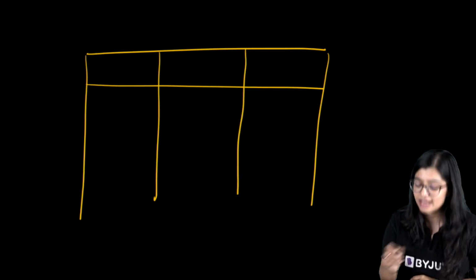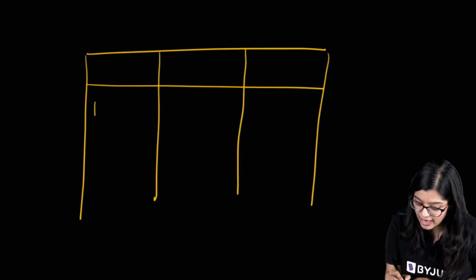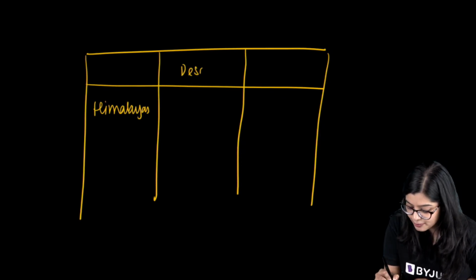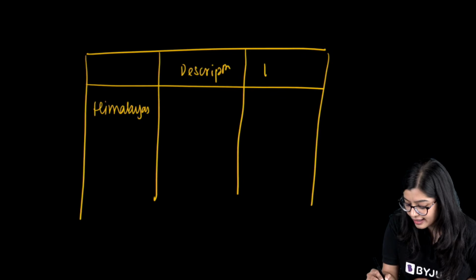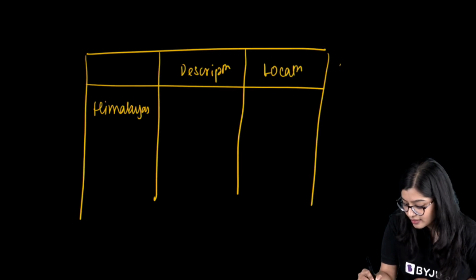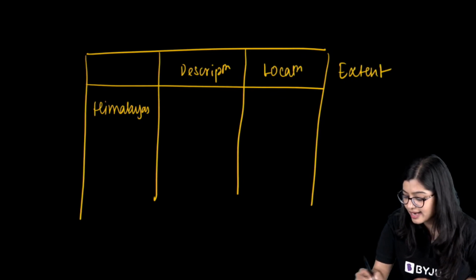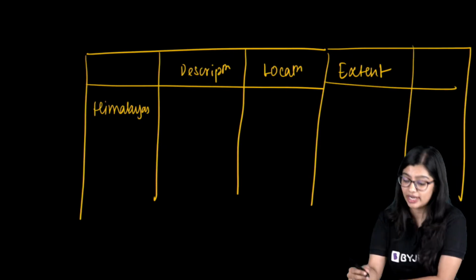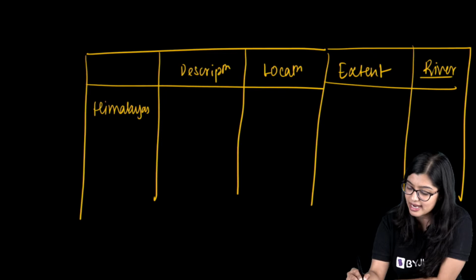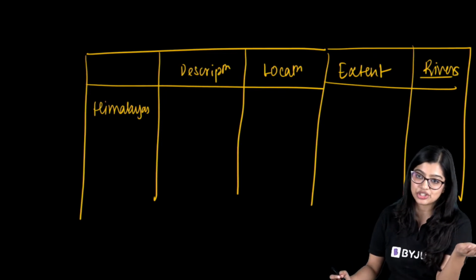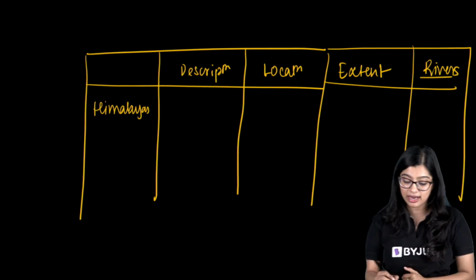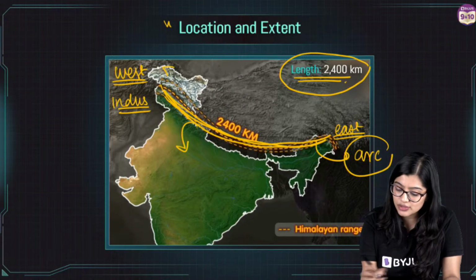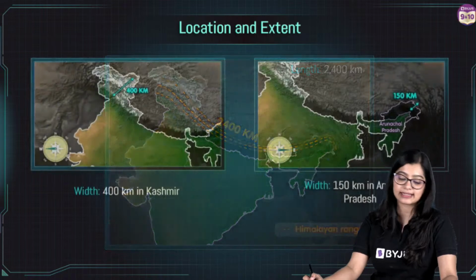Start making tabular columns with Himalayas, description, location, extent, right? And further on, when we learn about the different types, you can include the rivers or the categorizations. You can make a nice table, right? So this is for location and its extent.